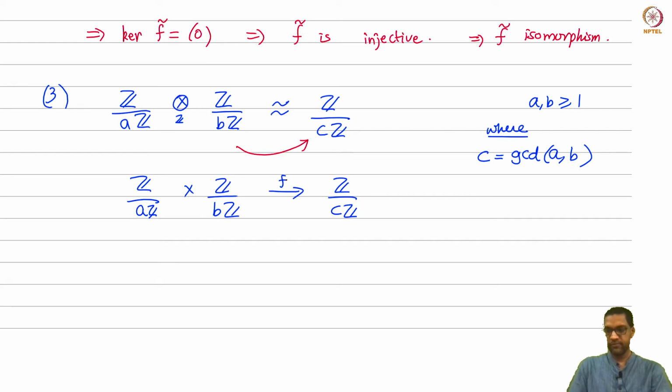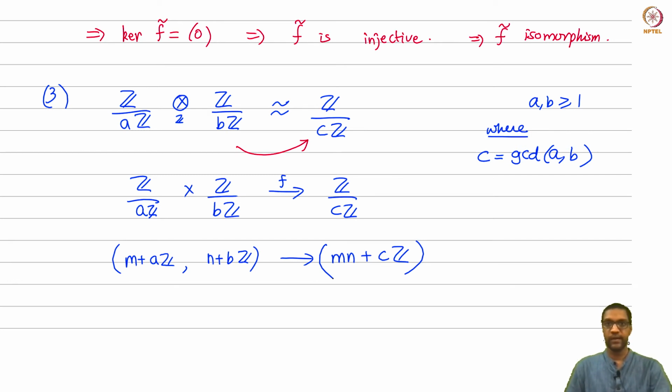Start with a map F. What should we do? Well, let's take any two elements. So what's a typical element look like? M plus AZ coset, N plus BZ. And what can we do to this? Well, let's just map it to Mn plus CZ.